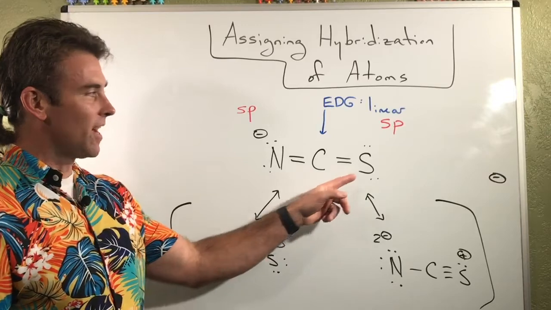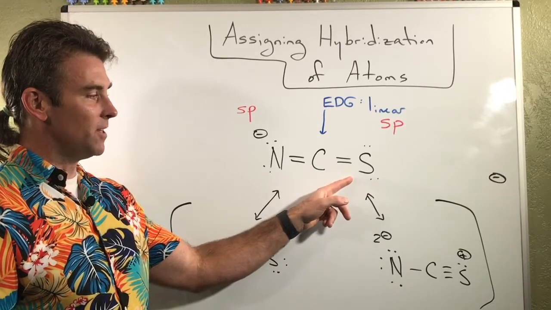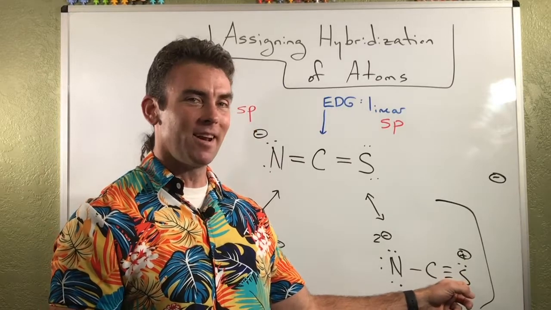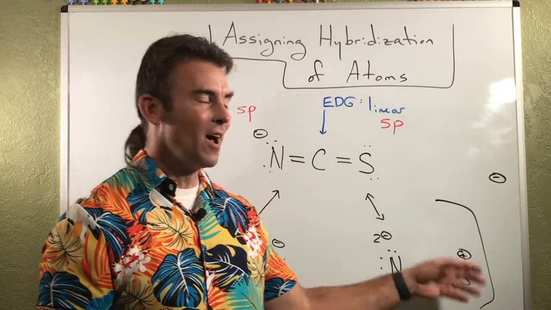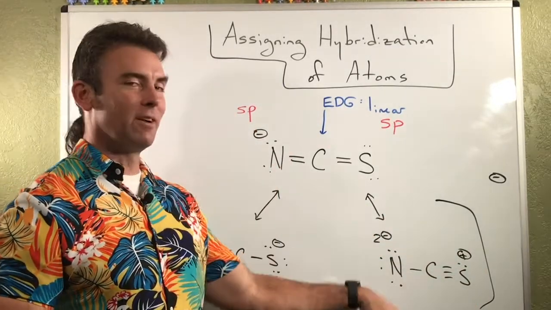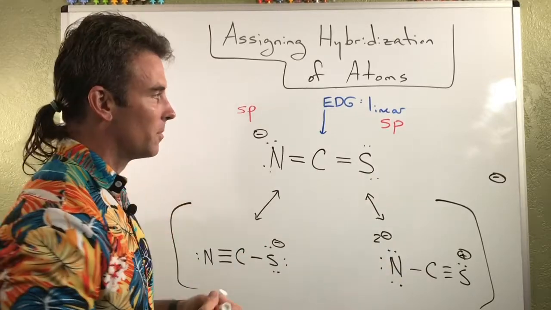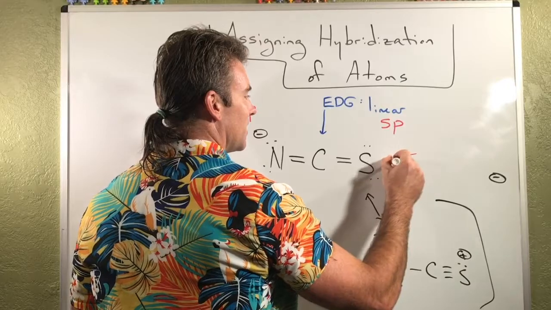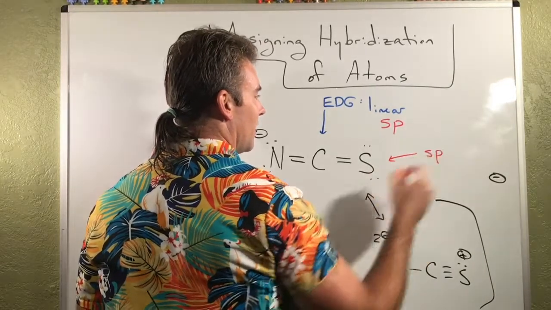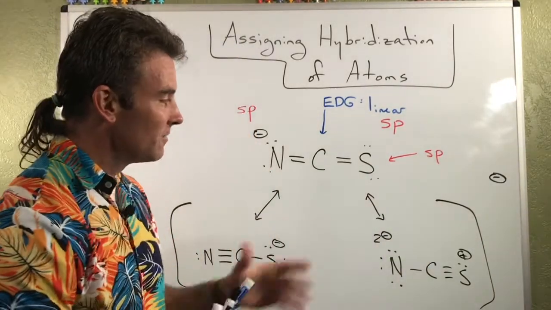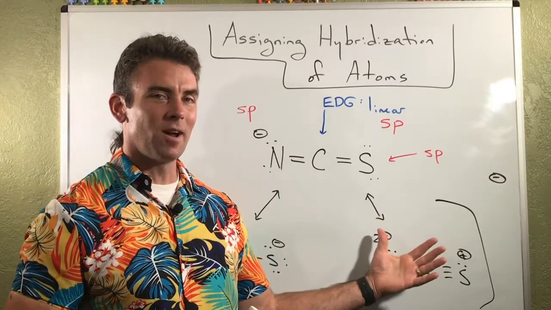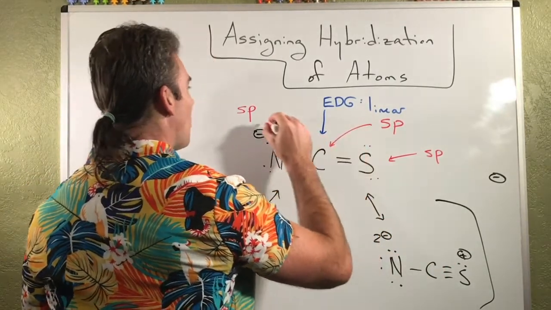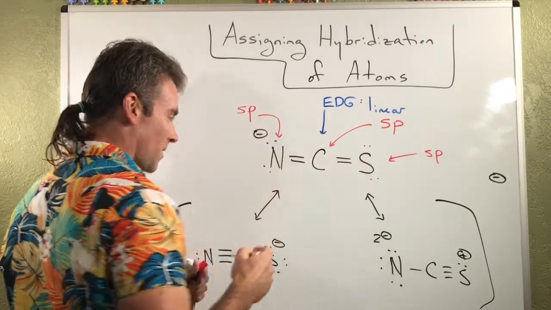So we'd say that sulfur must be sp2 hybridized. But then you go down here and you're like, oh no, it's sp hybridized there too, right? Once we're good at resonance forms, we're going to learn a lot more about this. But it turns out that S, we're actually going to call sp hybridized because of the existence of this resonance form. Just because I can't shut up, hopefully you understand something of what I just said.